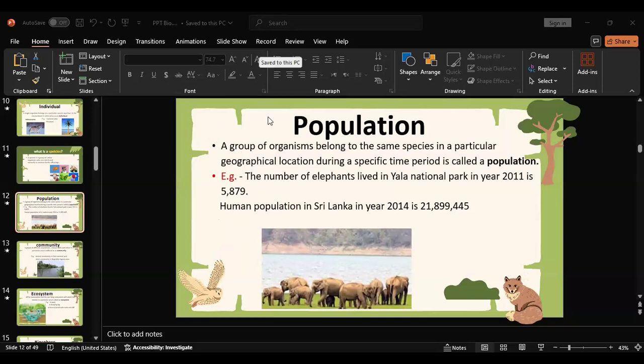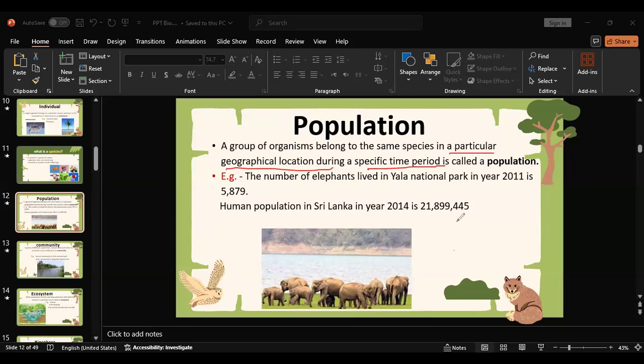The population is a group of organisms belonging to the same species, but in a particular geographical location. You should mention these two things: the same species, and the particular geographical location, during a specific time. That is known as a population.